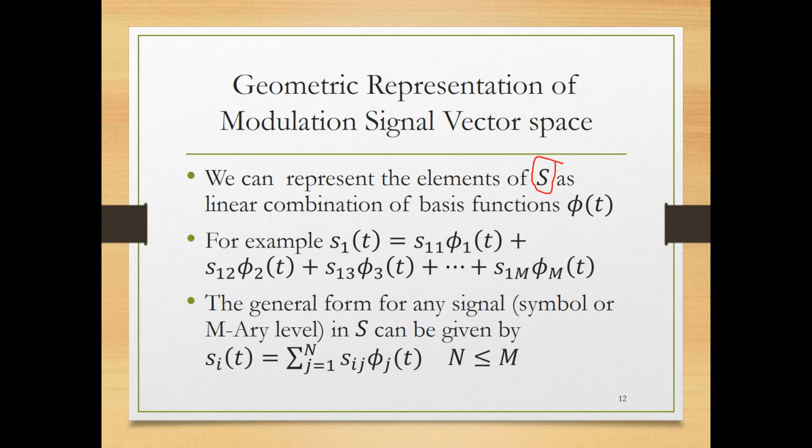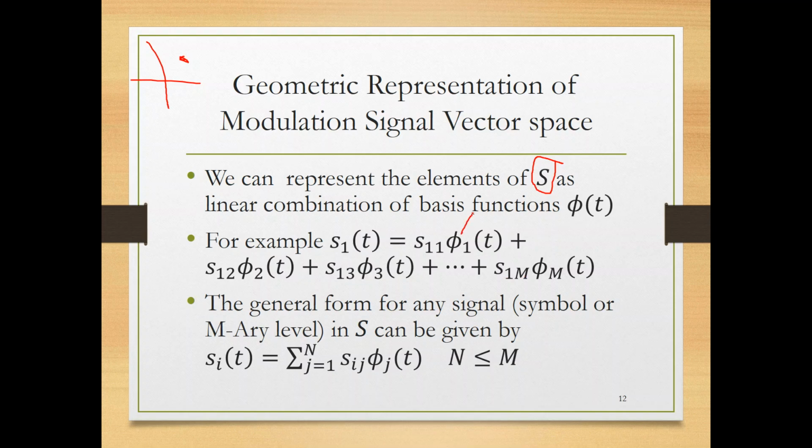The different possible waveforms that we use in the modulation process, we map in a constellation diagram. A signal at any location in your constellation diagram can be written as a summation of weighted basis functions.